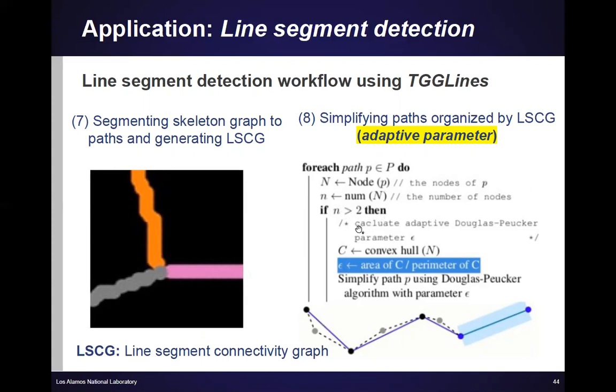If the number of nodes in the path is more than 2, we compute the convex hull. Then we compute epsilon, our adaptive single parameter, which is computed by the area of the convex hull divided by the perimeter of the convex hull. Then we use the Douglas-Peucker algorithm with the computed parameter to simplify the path.